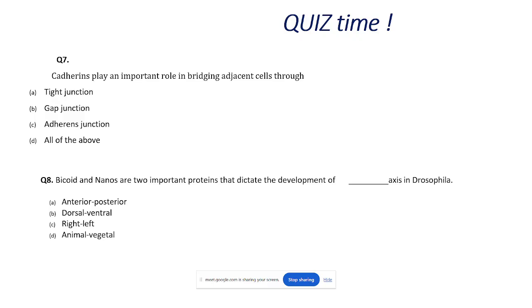Question number 8, that is, bicoid and nanos are two important proteins that dictate the development of which axis in the Drosophila? Is it the anterior posterior, the dorsal ventral, right left, or animal vegetal?